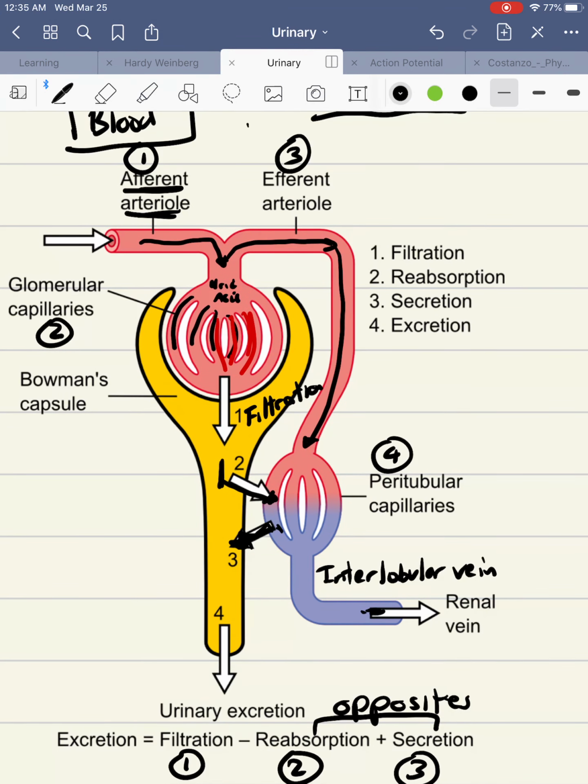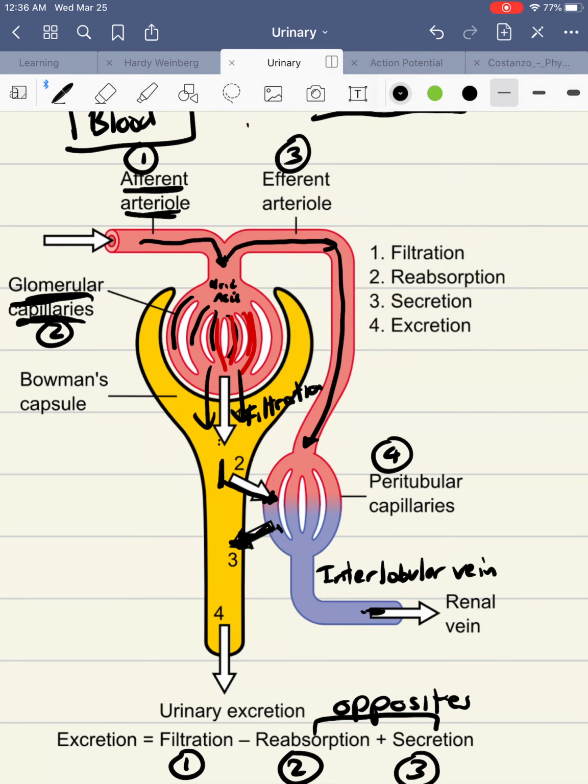And then we have a very specific name. Whenever there's material flowing from the glomerulus into the Bowman's capsule, we call that filtration. And how fast material flows from the glomerulus into the Bowman's capsule, or how fast stuff is filtered through the glomerulus, we have a term for that.